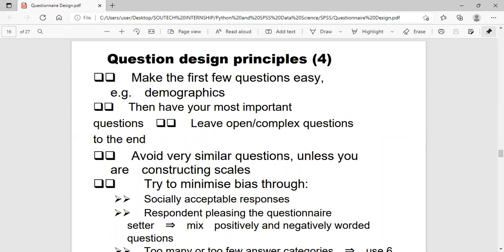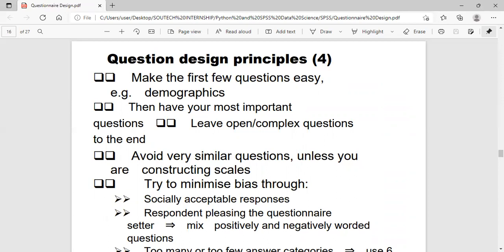Now, question design principles, what to do when making a survey. The first is make the first few questions easy. For example, how old are you? People don't have to think about their age. Where do you live? People don't really think about the state where they live.